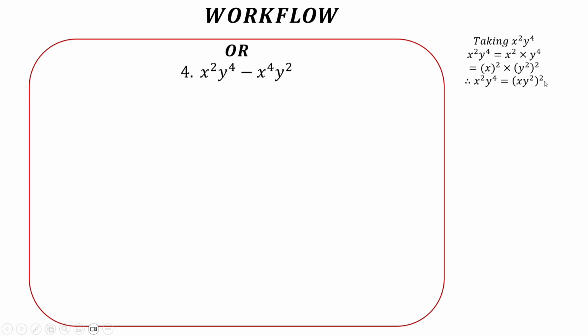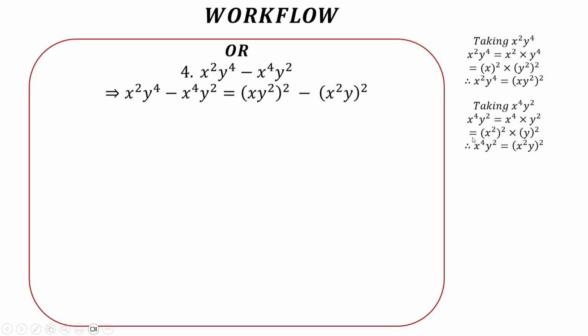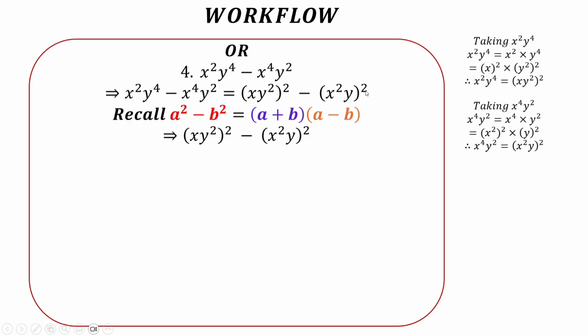Remember you want to get difference of two squares. Then you do the same thing for this term as well. So eventually you can rewrite that also as this. Then you get this, right? So now we have difference of two squares. This whole thing squared, this whole thing squared. You recall your formula and then expand them.